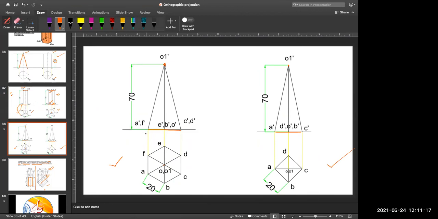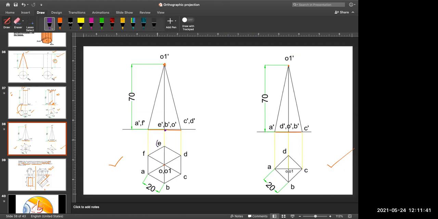Okay, so you can see their projections in the front view as well, A prime, F prime. This yellow color line is representing your projection lines. At this center position, you can see E prime, B prime, O prime.